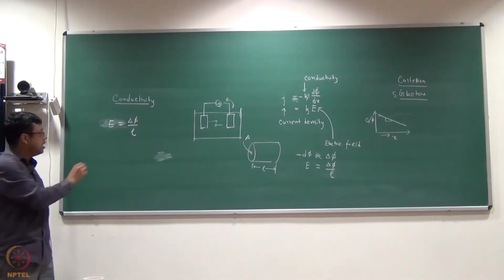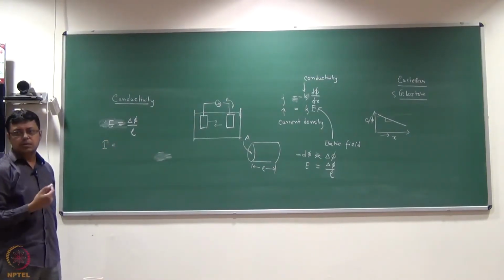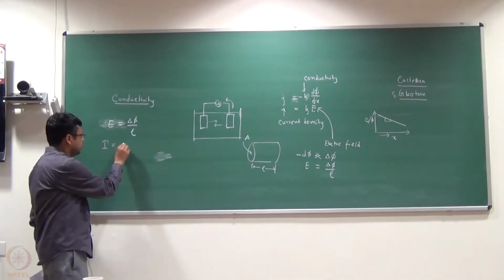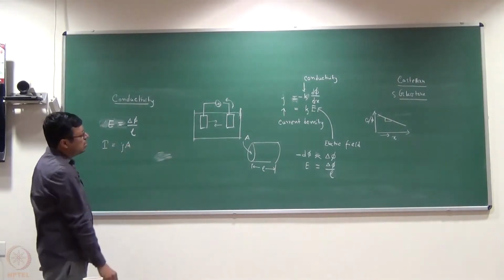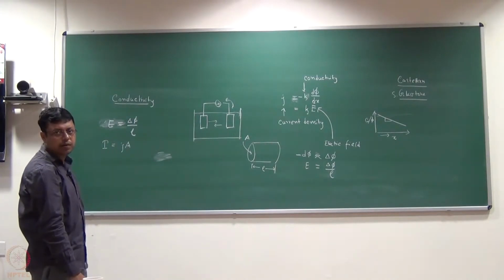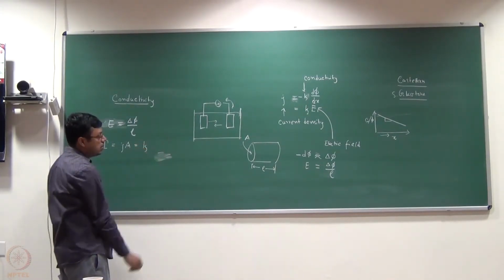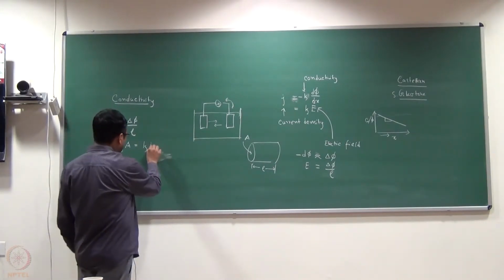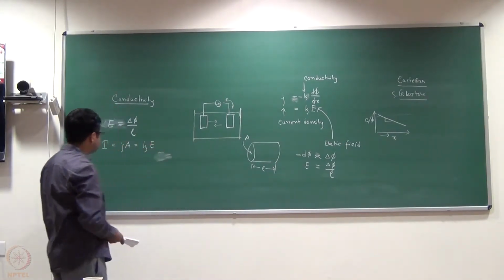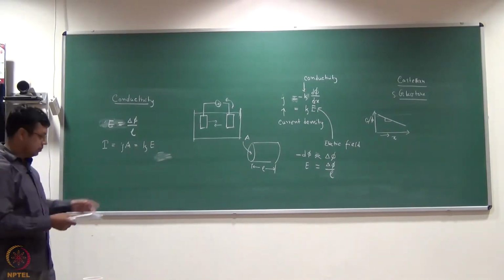With current density, so J times A, right? So what is J? J is basically kappa into minus d phi dx. So I can write it as kappa, and minus d phi dx I can write as E. So this is actually familiar to you.